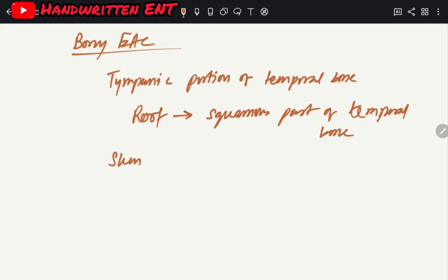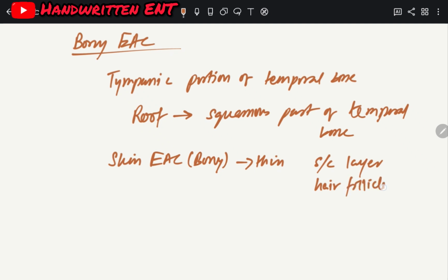The skin of the bony EAC is thin relative to that of the cartilaginous EAC, and it is devoid of any subcutaneous layer. It doesn't have hair follicles, and obviously it doesn't have ceruminous glands. So no subcutaneous layer, no hair follicles, no ceruminous glands.